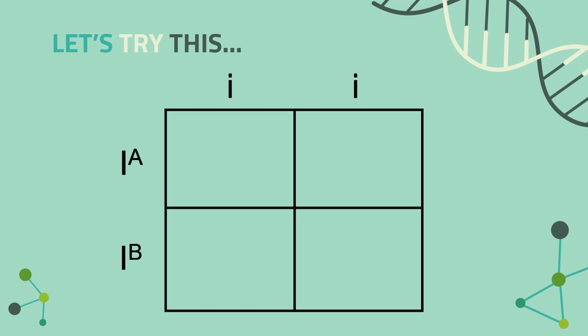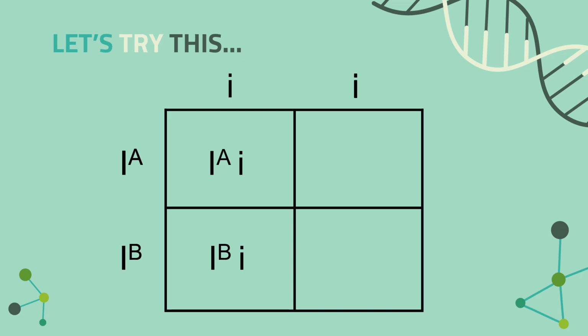Let's do the cross. Uppercase I^A and lowercase i, you'll have uppercase I^A, lowercase i. Uppercase I^B and lowercase i, that's uppercase I^B, lowercase i.